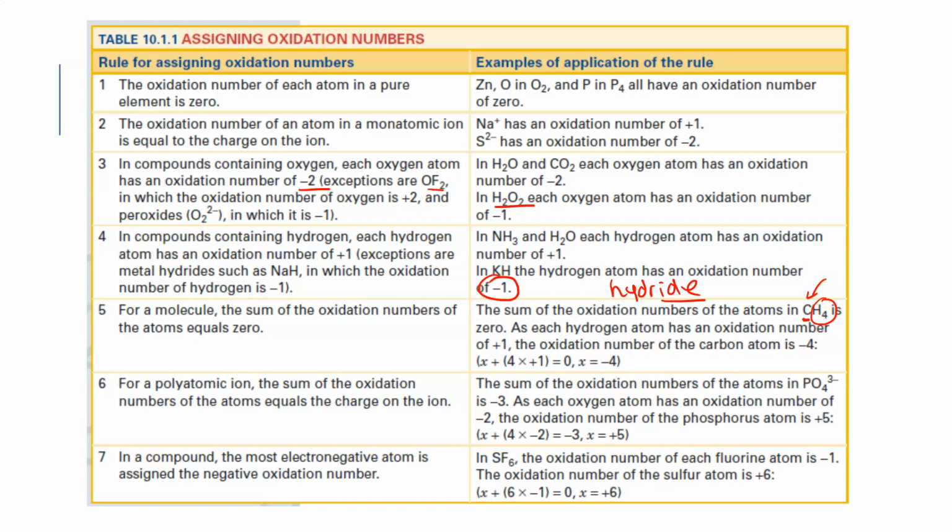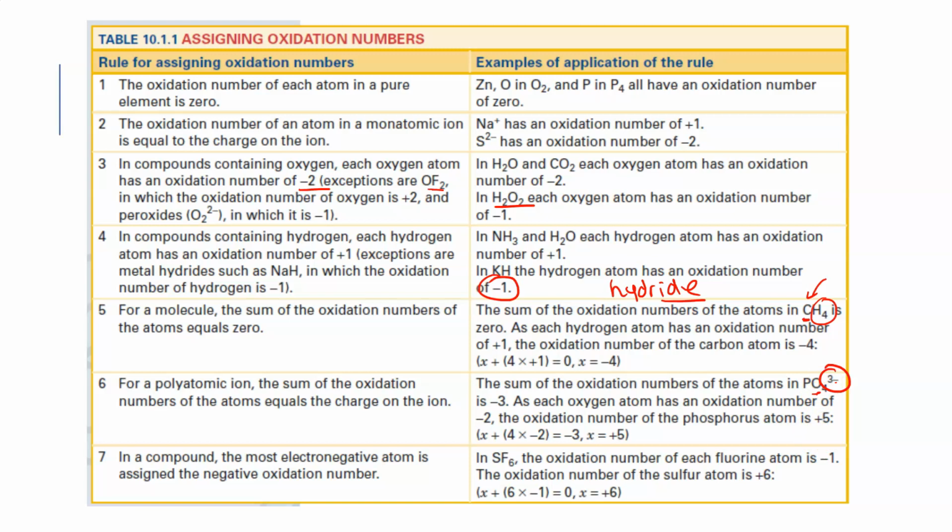For polyatomic ions, we always sum to the charge on the ion. So for PO4, we're going to be adding up to -3. Oxygen is always -2 in a molecule, so we're going to have -8. To get to -3, I need to add 5, so we're going to get +5 for the oxidation number on phosphorus.